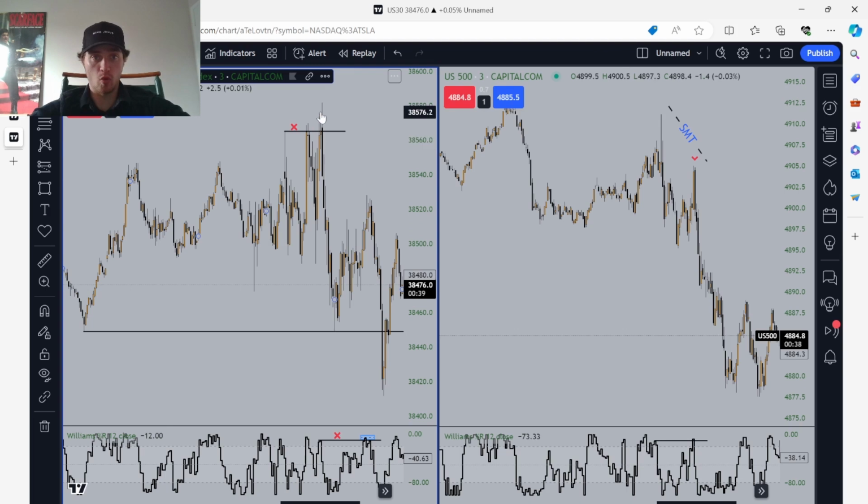And so we have one indice taking out the high here, but on the price chart over on SMP, we're failing to do so. Okay, so this means that we're going to be having a change in state of delivery and price is going to be moving lower, right?